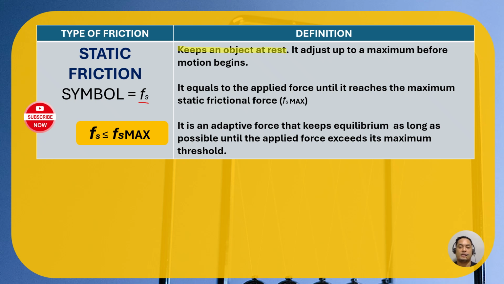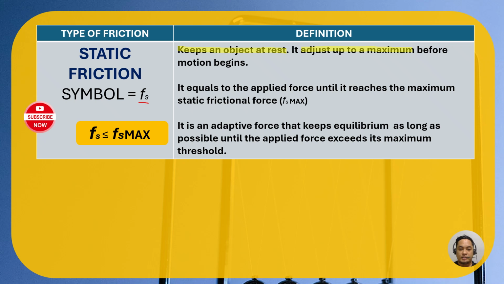That's the function of static friction. It wants the object to be at rest. It will not move. And it adjusts up to a maximum value before the object will eventually move.